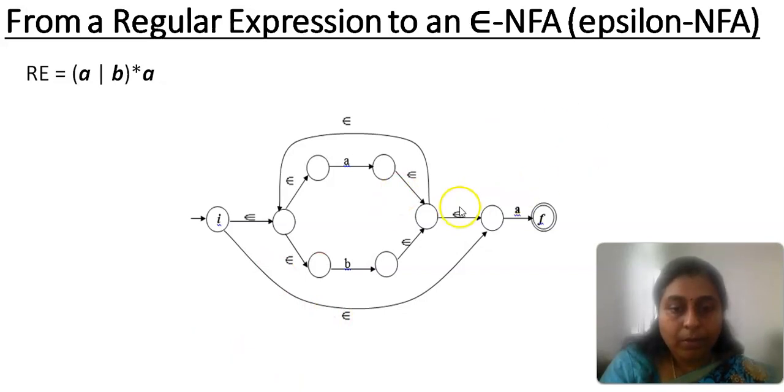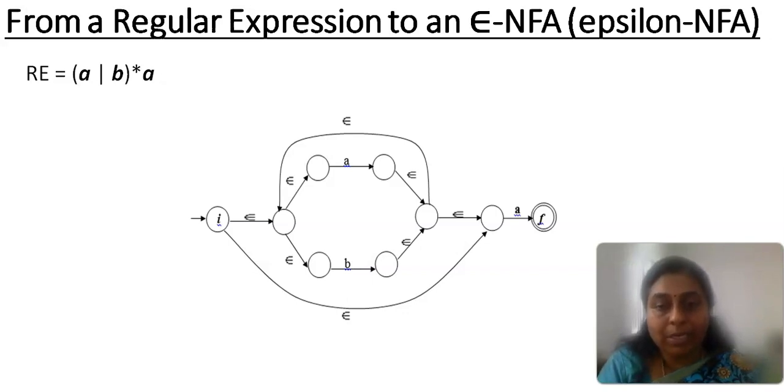So here we can see A or B is completed. Then a Kleene closure is applied to A or B. There is an epsilon connecting the A or B epsilon NFA, which is drawn here, followed by a direct arc from the initial state to the intermediary final state, which was here until then.